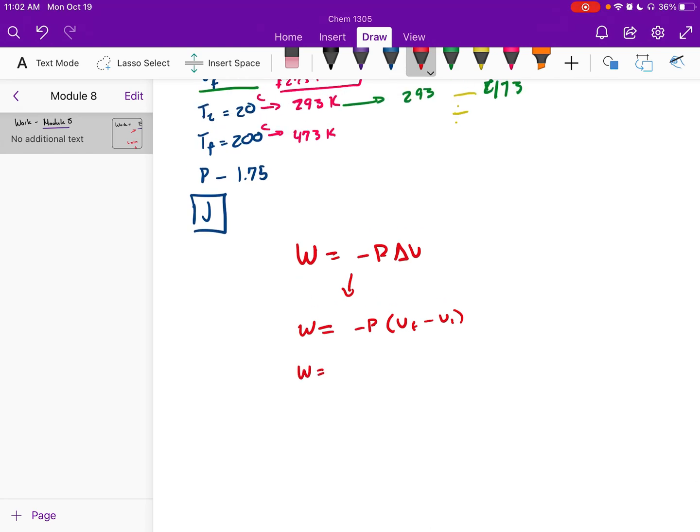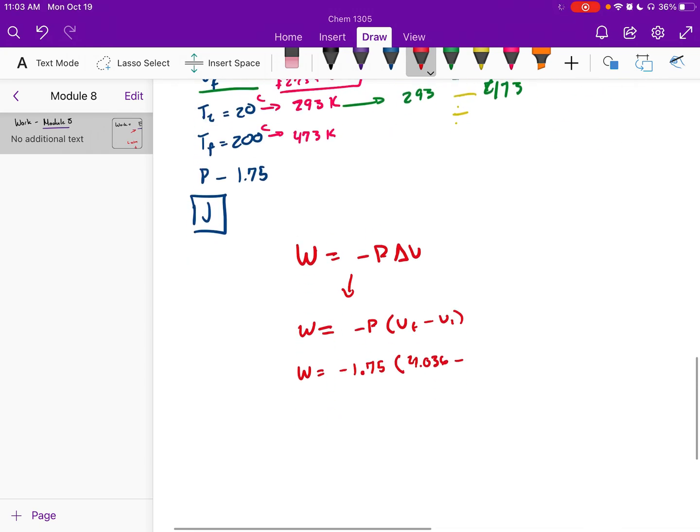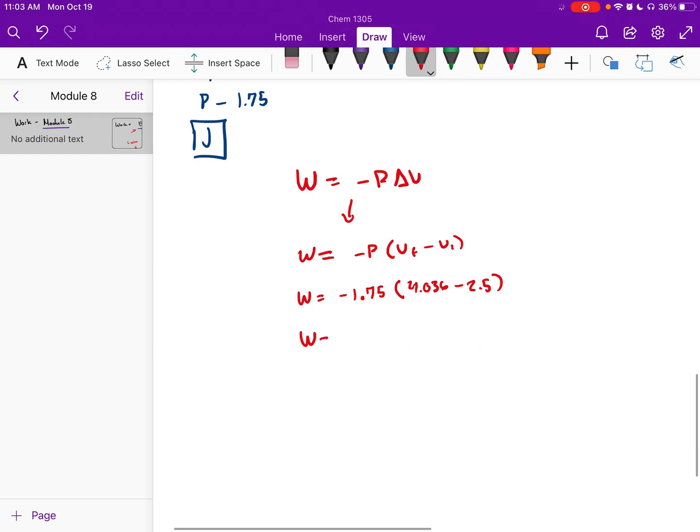So work is equal to negative 1.75 times V final, which is 4.036, minus 2.5. We'll multiply that all together, and then we get negative 2.68 liter atmospheres.